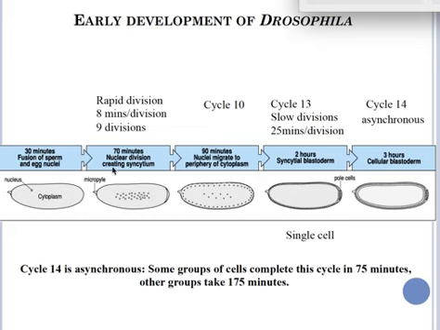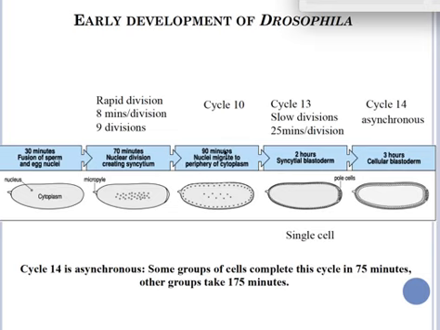So 70 minutes after, we start seeing many nuclei. This phase is a phase of rapid nuclear divisions. We have about one division every 8 minutes. That's why 70 minutes after fertilization we already had 9 divisions. 9 times 8 equals around 72 minutes.